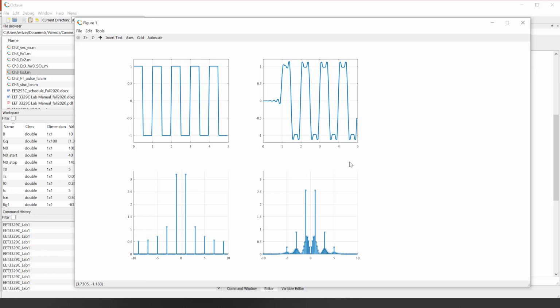Okay. Now, when we look at the spectrum down here in the bottom middle, something all of a sudden looks strange, right?